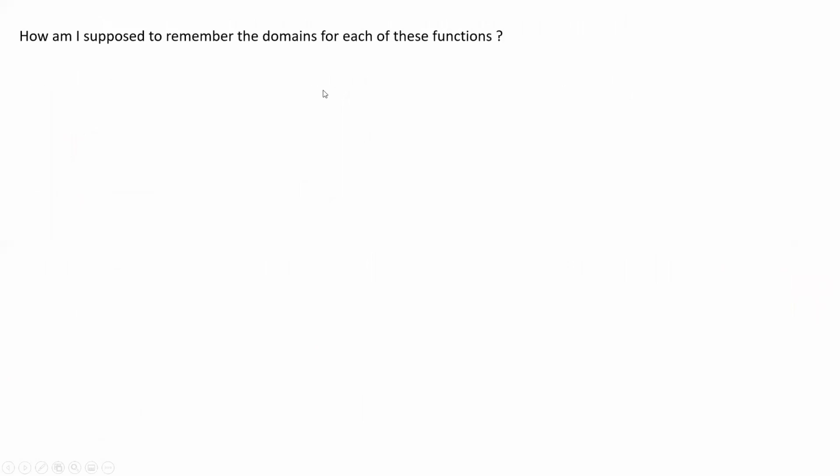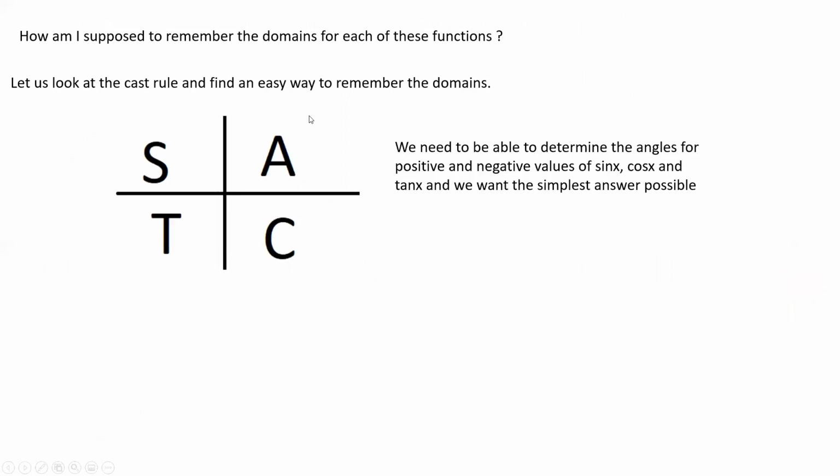Now you might be asking yourself, how are you supposed to remember which answers you're allowed? What is the domain for each one? And there's a fairly easy way to remember just using the cast rule. What you want is to be able to find positive and negative values for sine, cosine, and tangent. And you're looking for the simplest answer possible. So let's look at sine first.